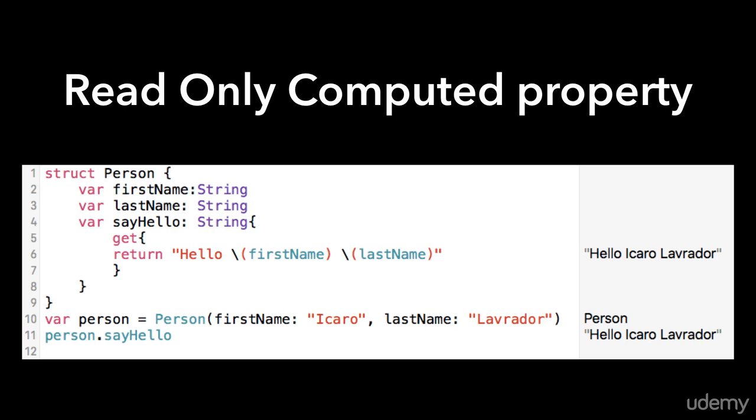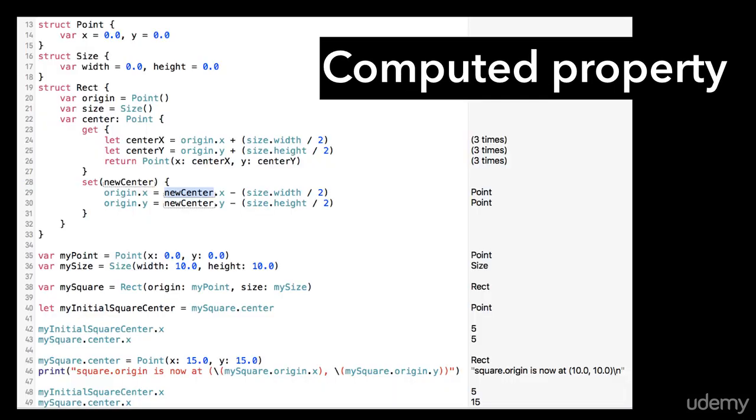Now let's have a look at a much more complicated case of a computed property where it has getters and setters. This is also an example from the Apple book where we have a square, a rectangle, and we're going to calculate the center of the rectangle. In this case we have three different structures.